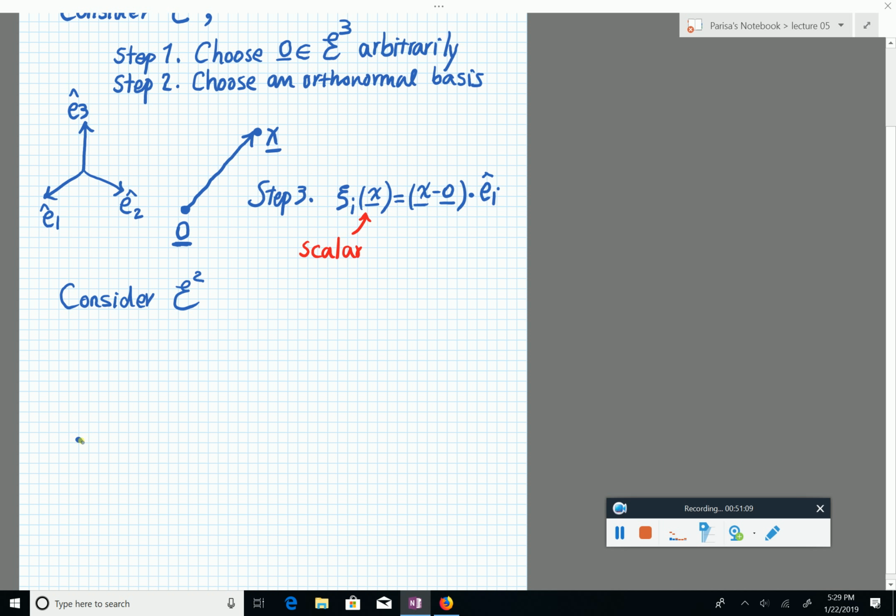I take one point arbitrarily, and this is the origin. You have seen this in other contexts before. I have to decide on an orthonormal basis. In this case, I will only have 2.